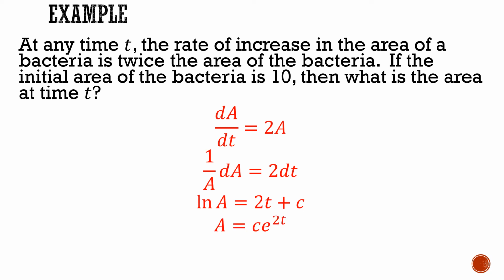Next I e both sides, so I get A equals c e to the 2t. They told me the initial area of the bacteria is 10, so my c is 10, like your formula's A part. So we have area equals 10 e to the 2t.